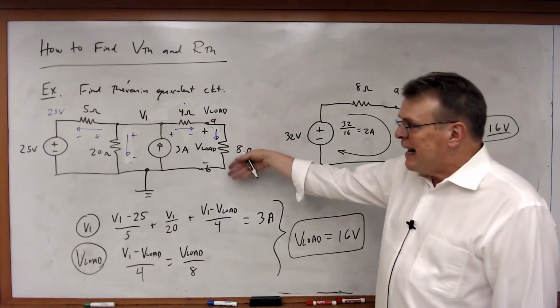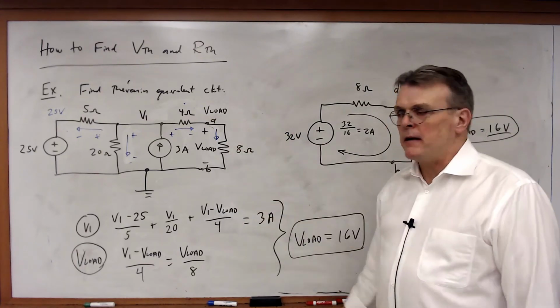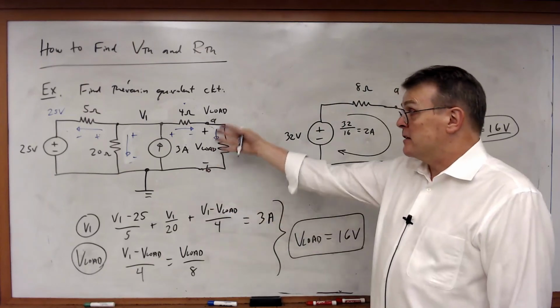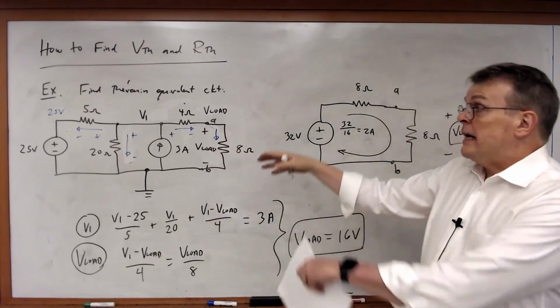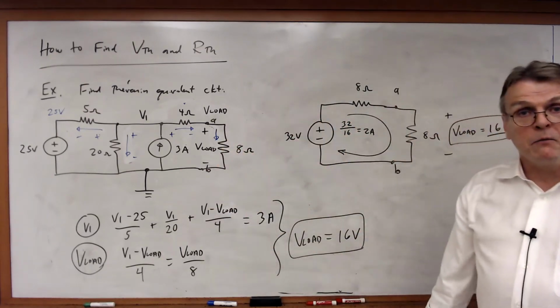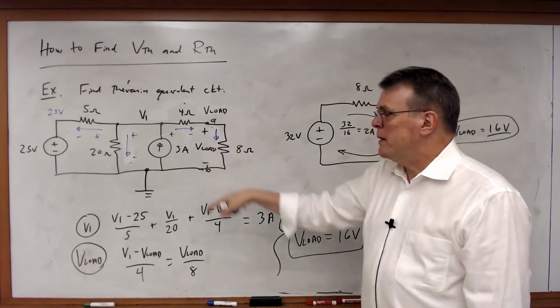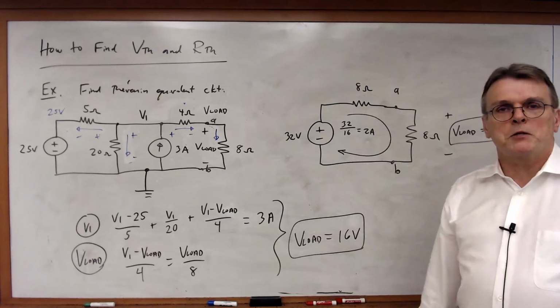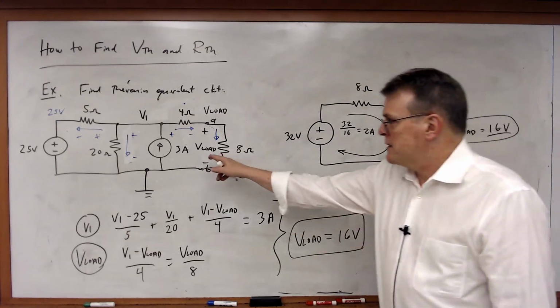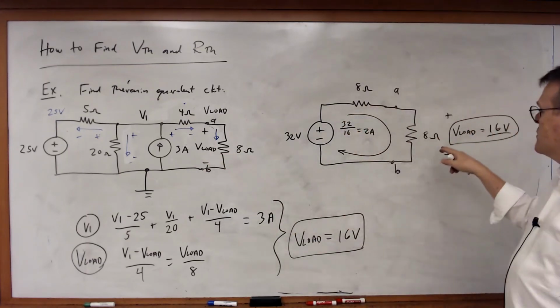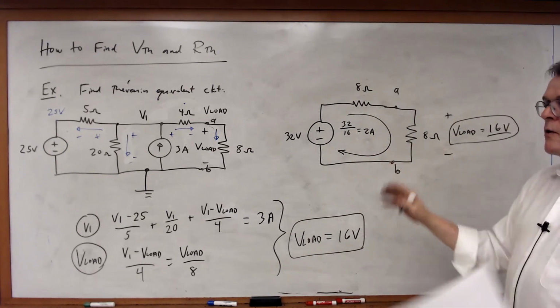I could connect anything between terminals A and B: any value resistor, another source, or another circuit with multiple elements. It doesn't matter. I'll see the same voltage between nodes A and B regardless of what that circuit is. These two circuits are equivalent to each other.